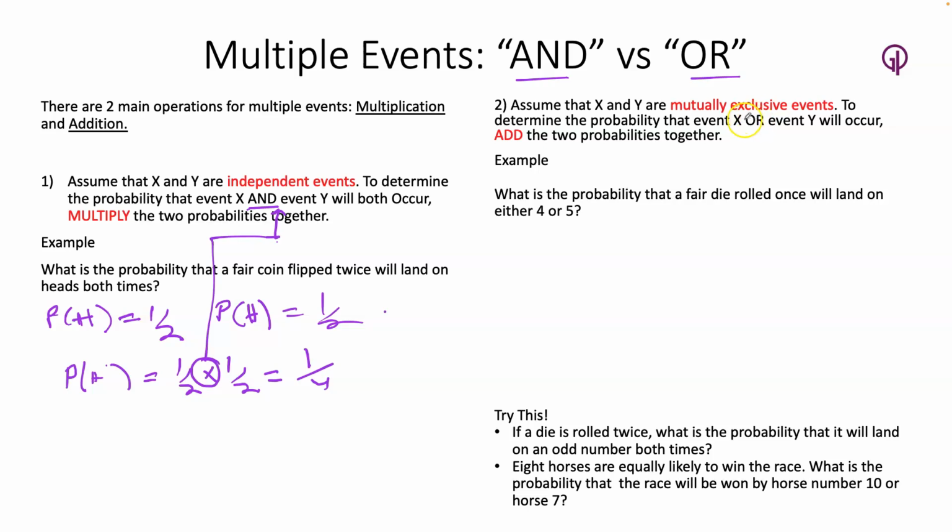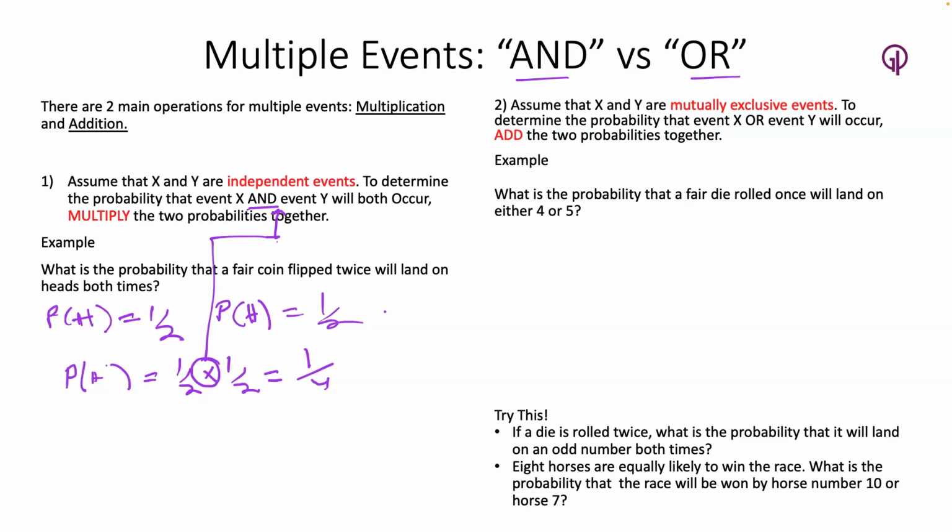Now, mutually exclusive events cannot both occur. If you have two events which are mutually exclusive, then it means both events cannot occur at the same time.